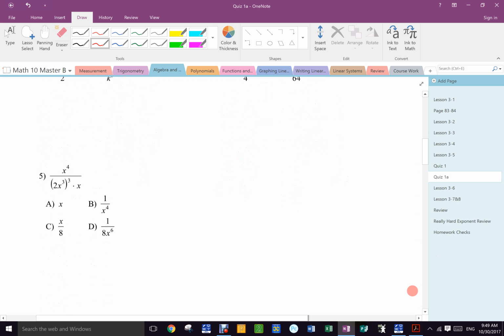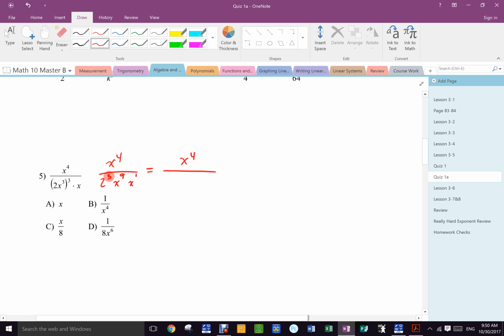What about 5? So I've got x to the 4th. Where does that 3 go? Everything. So the 2 becomes what? 2 cubed. The x cubed becomes what? X to the 9th. And then there's x to the what? 1. What do I do with that 9 and 1?